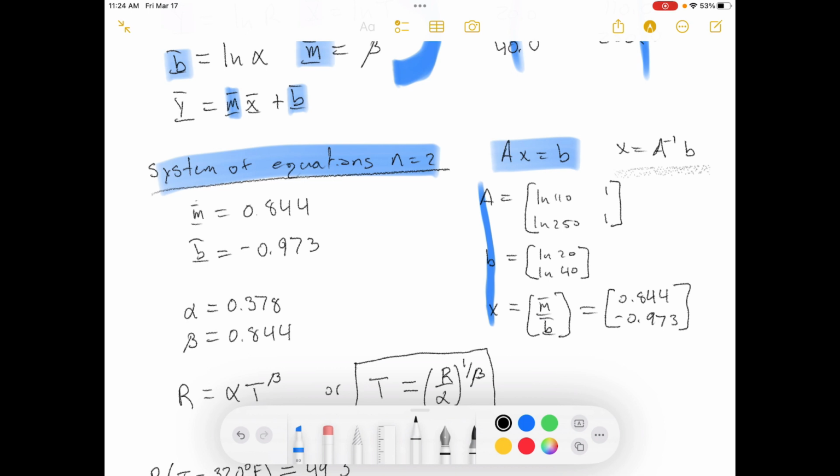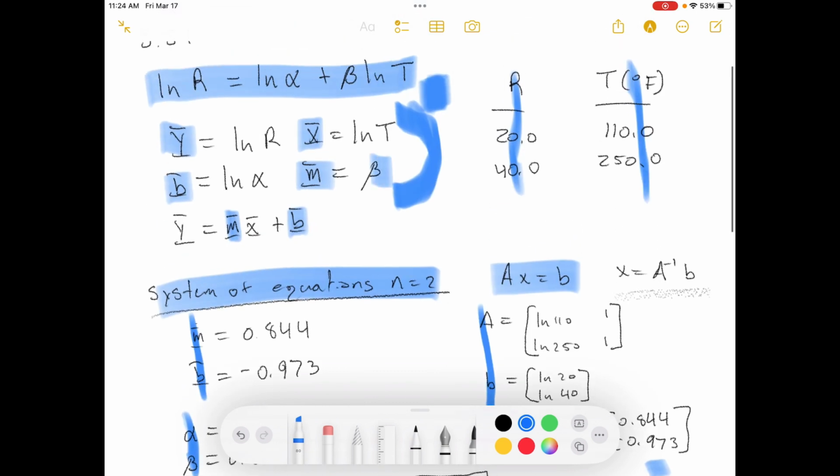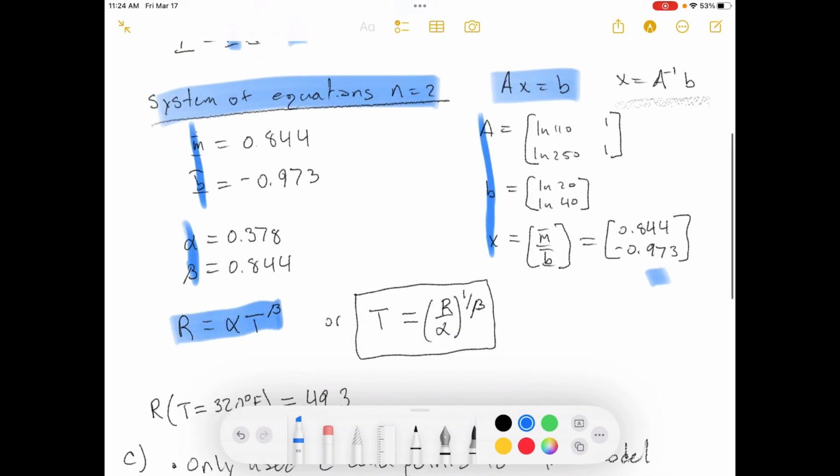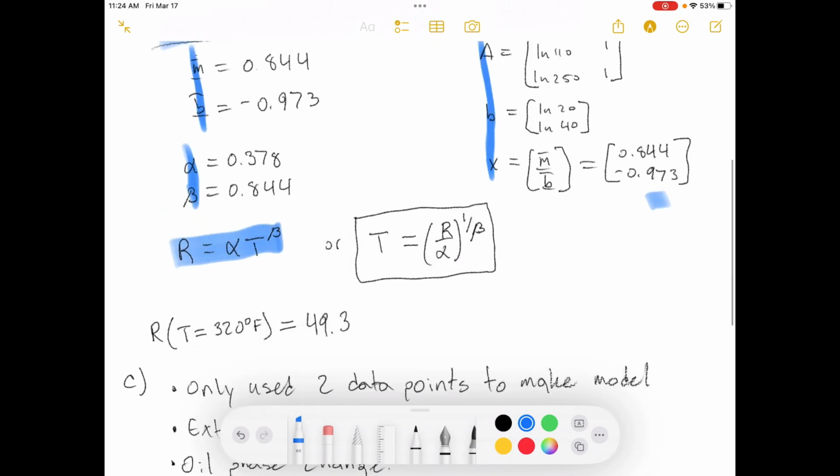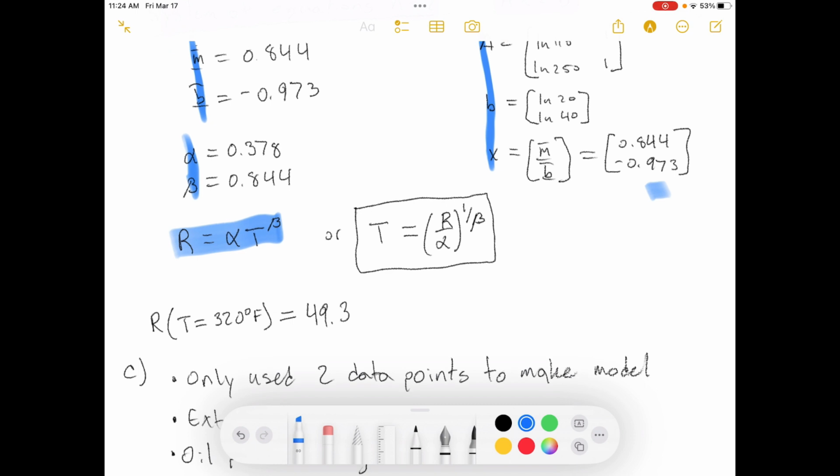And so I solved for our slope and our intercept here, and then I converted it back into alpha and beta so that we could put it into this form. Then they told us to show what T equals, and I said T equals this equation, or you could also use this equation.